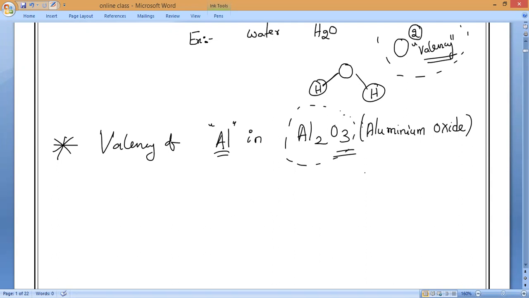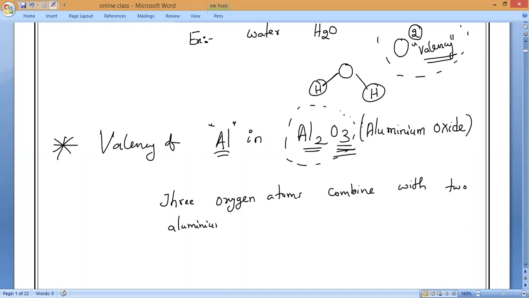You can see how many oxygen atoms? 3 oxygen atoms combining with how many aluminum atoms? 3 oxygen atoms combined with 2 aluminum atoms. Is it right or wrong?